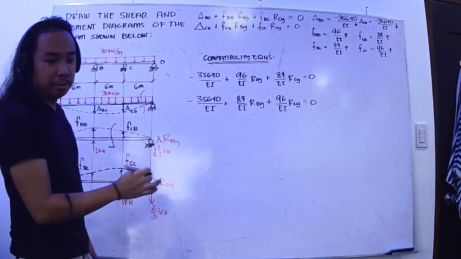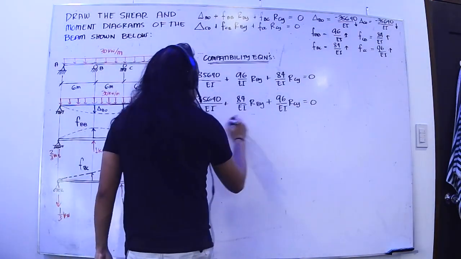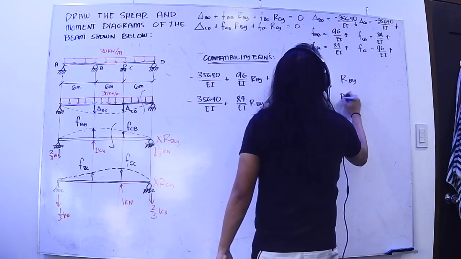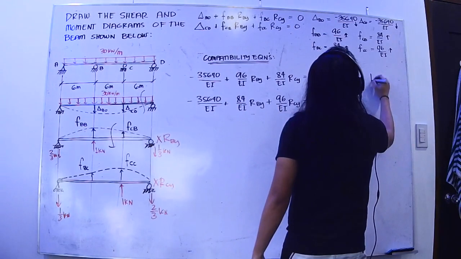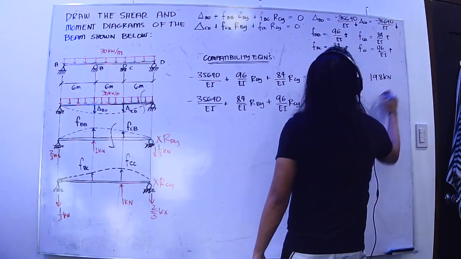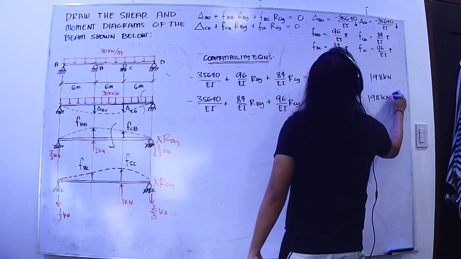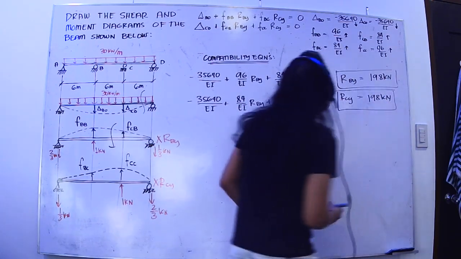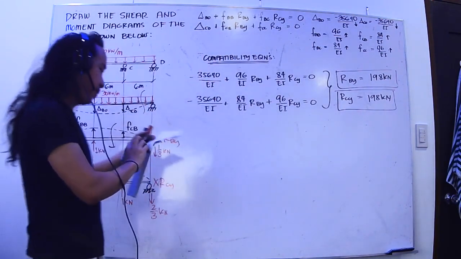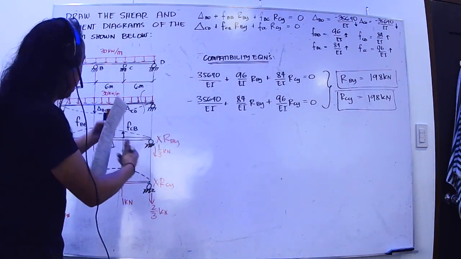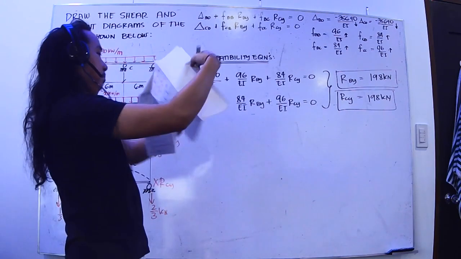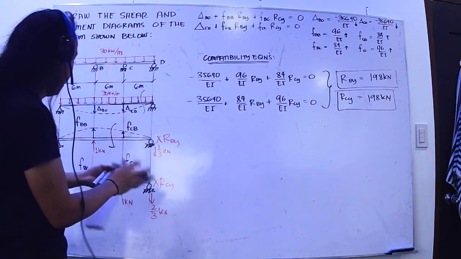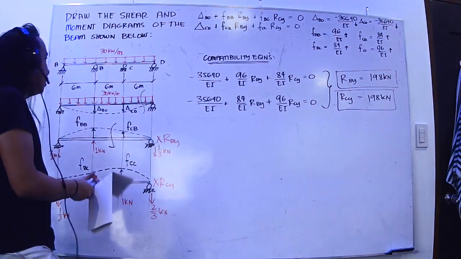You can solve for RBY and RCY, which should be equal to 198 kilonewtons each.